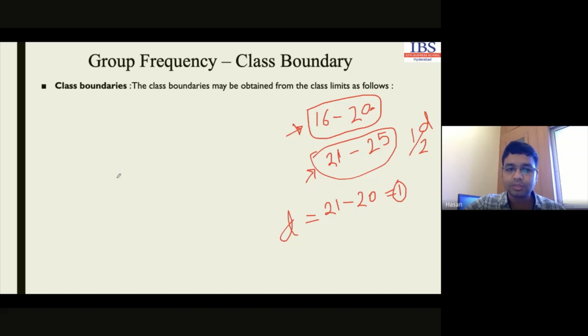The lower class boundary will be the lower class limit minus half of D, half of the distance between the classes. For this particular group, the lower class boundary is this one, and the upper class boundary will be 20 plus half D.